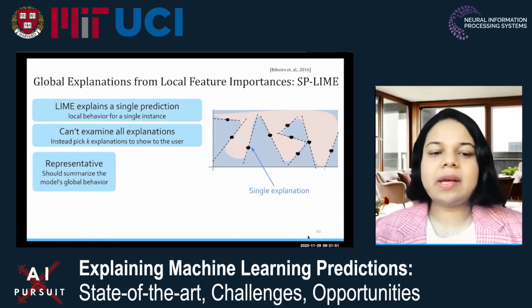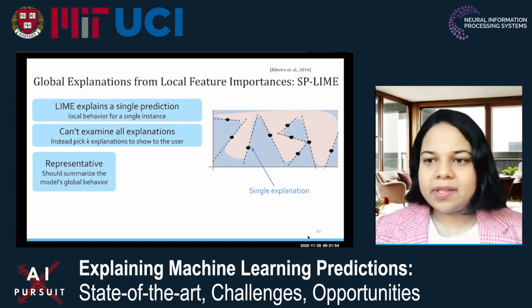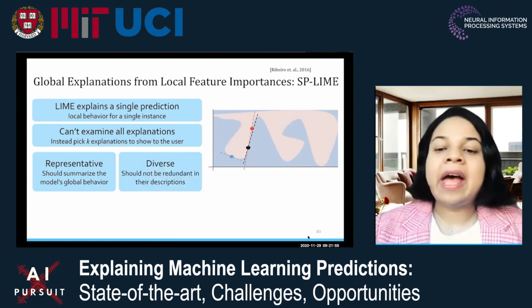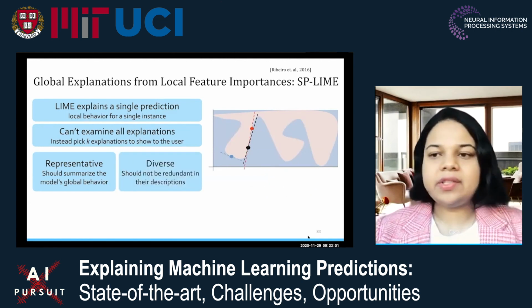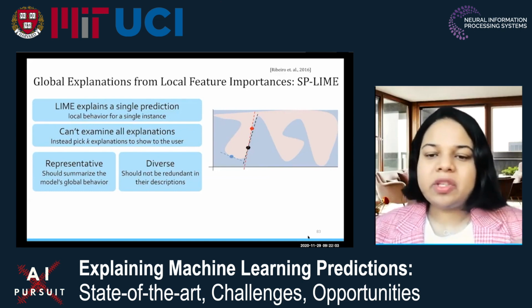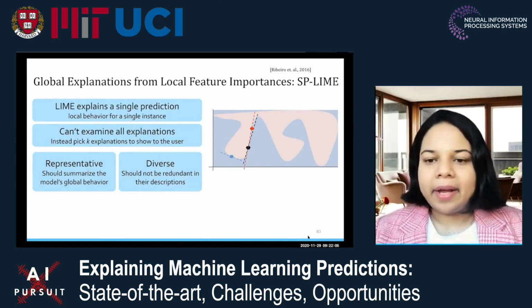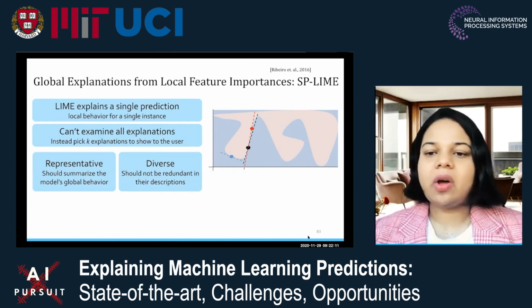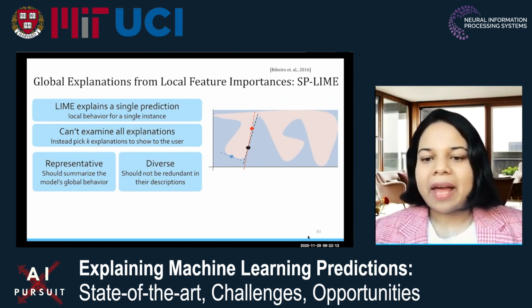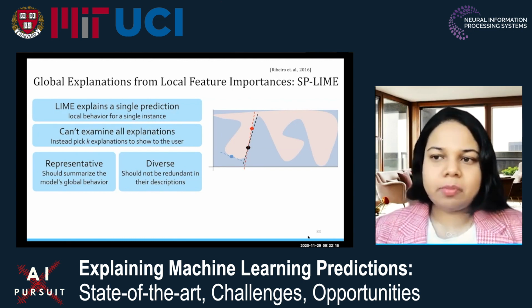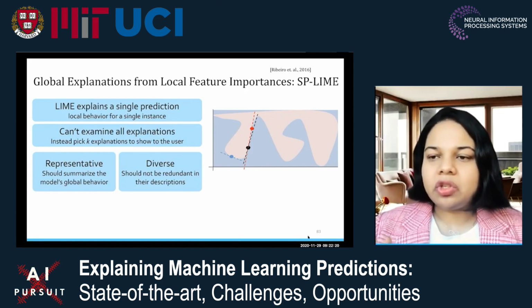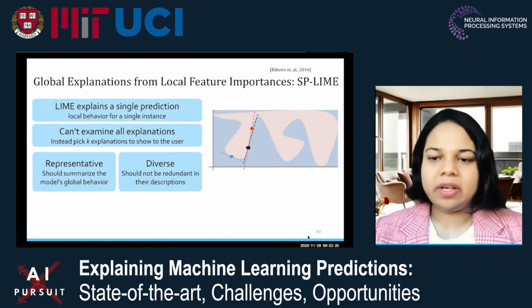These k explanations are picked in such a way that they're representative, that is, these explanations summarize the model's global behavior, and they're also not redundant and diverse. So let me explain what I mean by not redundant or diverse. Now let's consider the three dots that you see on the slide here. The red dot, black dot, and blue dot, each of these correspond to an explanation. Let's say that we have already picked the explanation corresponding to the black dot into our subset of k local explanations.